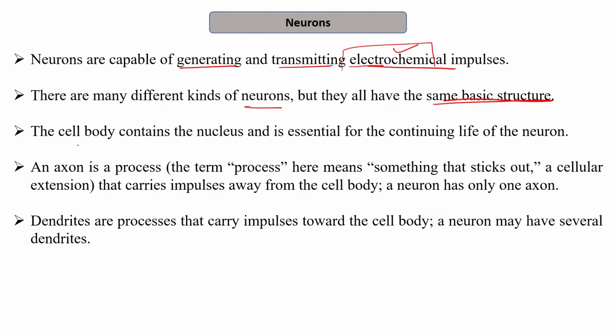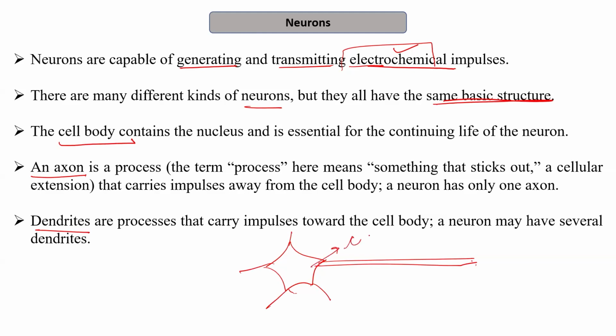The basic structure of the neuron is that it consists of a cell body, an axon, and dendrites. So you can see this is the structure of the neuron. The cell body consists of most of the cytoplasm and the nucleus.